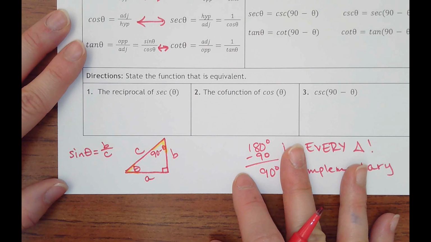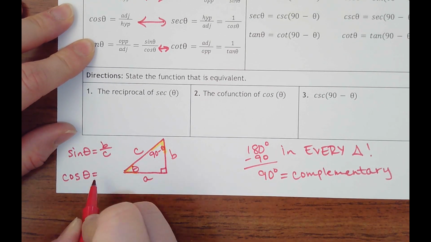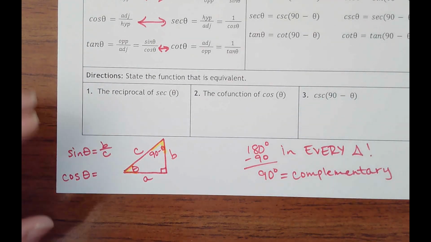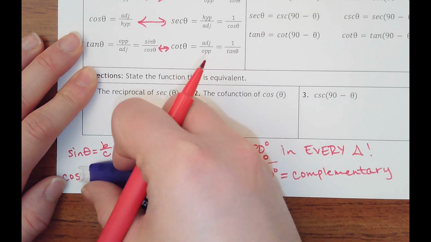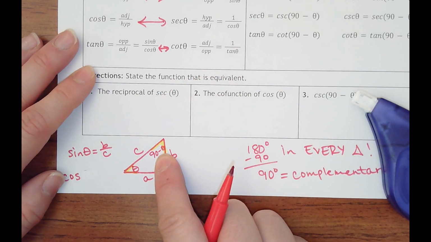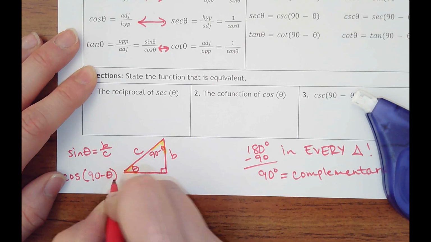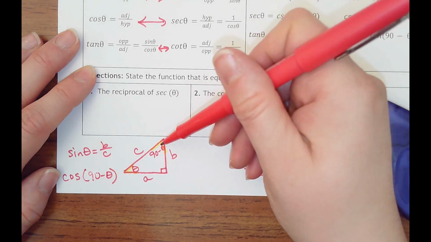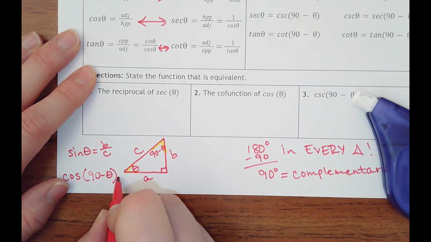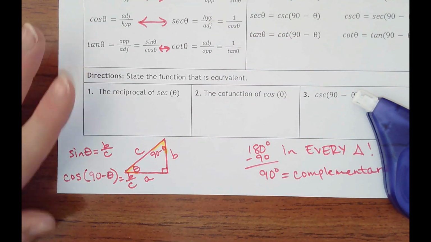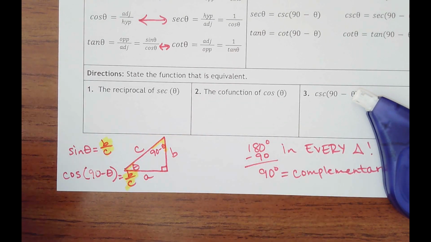I also want to talk about cosine, but from the other acute angle, which we called 90 minus theta. So if I'm standing in this corner here and I want the cosine, adjacent would be b over hypotenuse is c. Look at their ratios. They make the same, b over c.